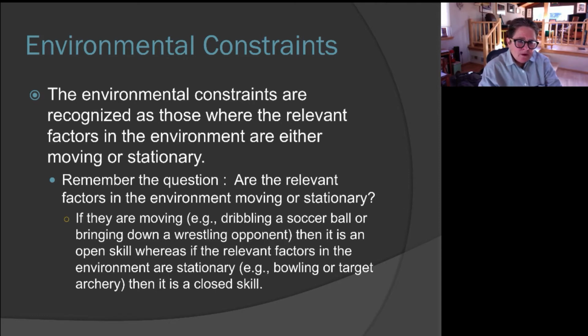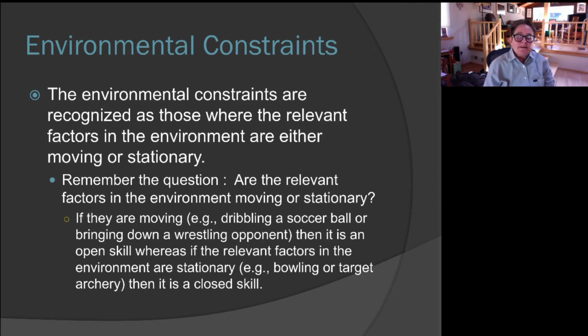So when we're talking about environmental constraints as they relate to being moving or stationary, we can ask the question, are the relevant factors in the environment moving or stationary? So if they were moving, an example of this would be dribbling a soccer ball or bringing down a wrestling opponent.